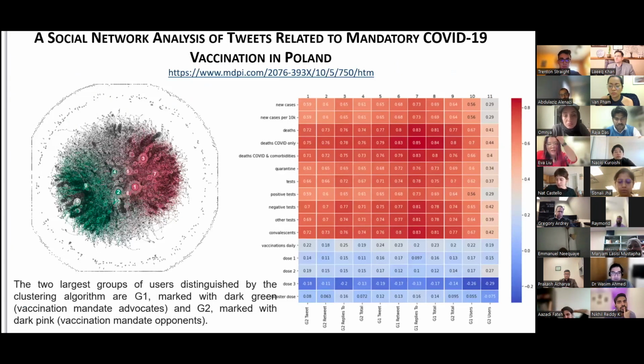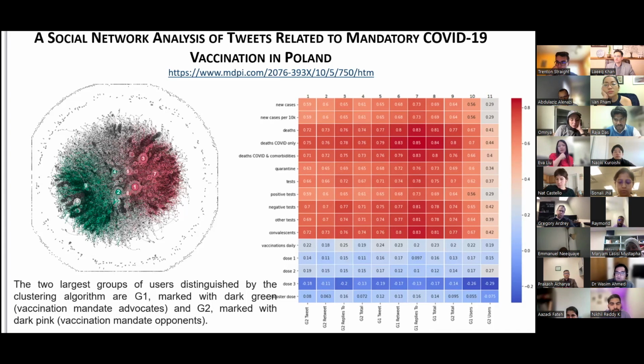I've been speaking a lot about general network analysis in terms of getting data from social media, doing a simple network analysis and showing those visuals. In another paper published a few years ago, we did some unique exploratory analysis. My colleague, who is based in Poland, was looking at the concept of mandatory vaccination, which was being discussed on social media at the time.